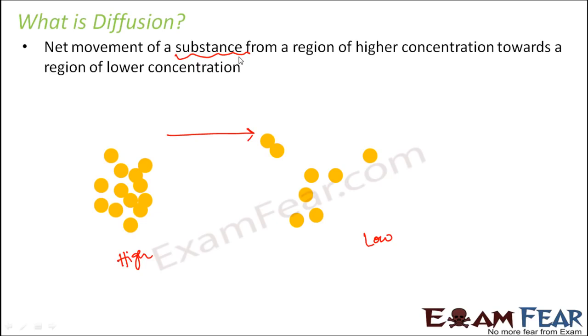Now here, this movement will not keep on continuing for an indefinite period of time. This movement of the particles will happen only till the time the concentration of the two media become the same. So this movement will continue till equilibrium is reached. Equilibrium means both the regions are at the same concentration now.